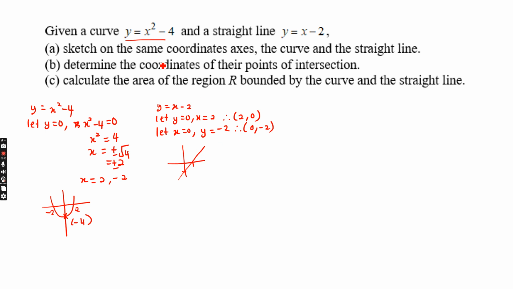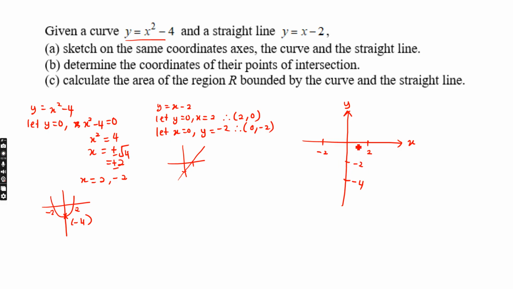So they ask you to sketch on the same axis, which means when they say same coordinate axis, you must make sure that you are using the correct scale, okay? So you draw x and y, and here I have 2, then -2, and here -4, and then we have -2 here.